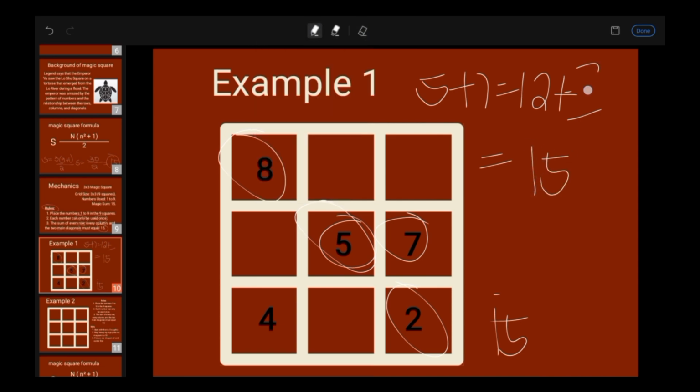Ano kaya tong number? If your answer is 3, tama kayo. By adding 3, we completed the row and it now sums to 15.